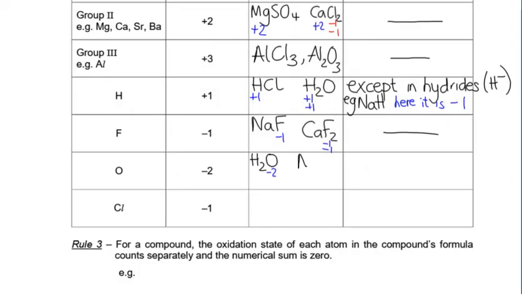Oxygen is -2, so in things like water, the oxygen is -2, each hydrogen is +1. In something like Na2O, each sodium is +1, the oxygen is -2, except in peroxides, like your hair bleaches and things like that. So something like H2O2, what would the oxygen be in that?